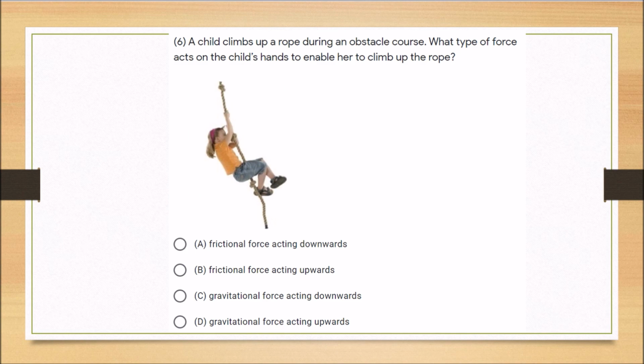The weight of this girl will be pulling her down. So the reason why she can continue to go up is because there is a frictional force acting upwards that will prevent her from slipping. So that's why the answer is the frictional force acting upwards, because she has a tendency to slip.